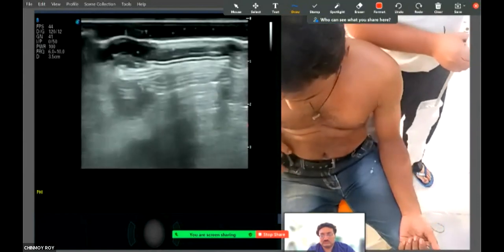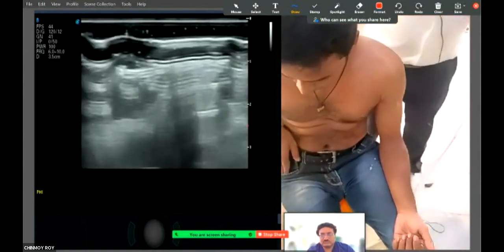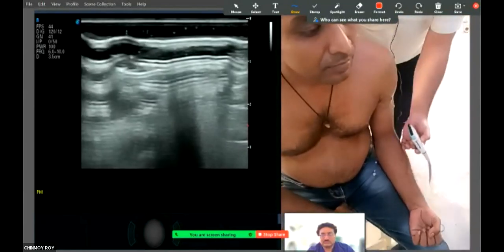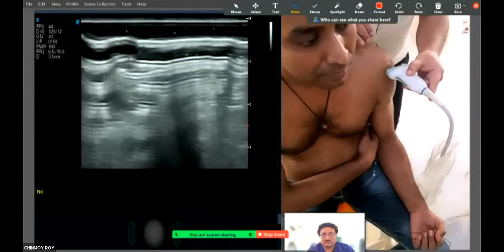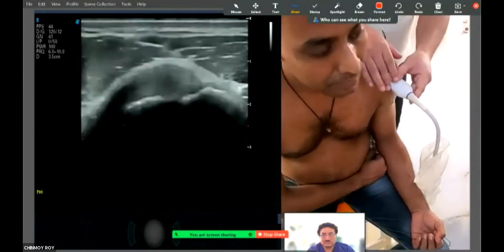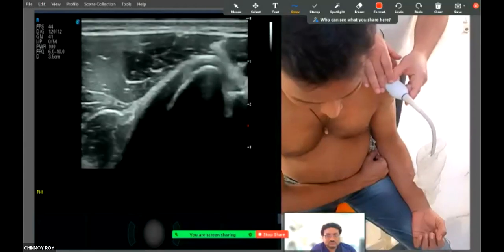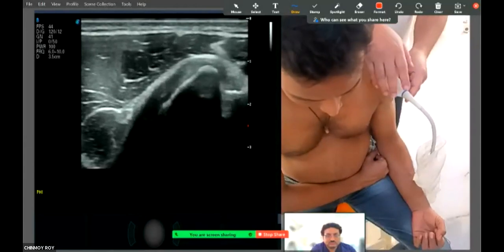The left side of your screen will be the medial. So again, I am coming to the medial of the patient.